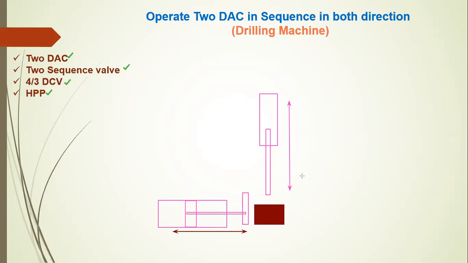To operate these two DACs, we require two sequence valves, one sequence valve here and a second sequence valve here, to operate DAC1 and DAC2.